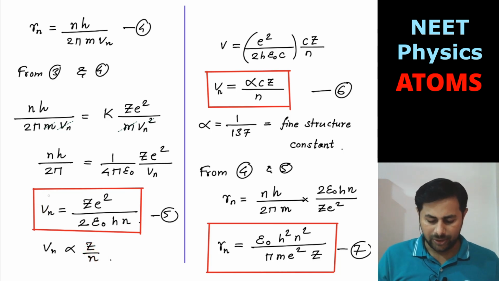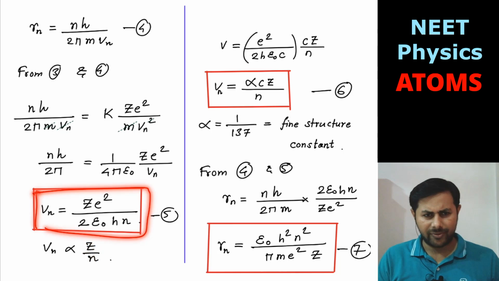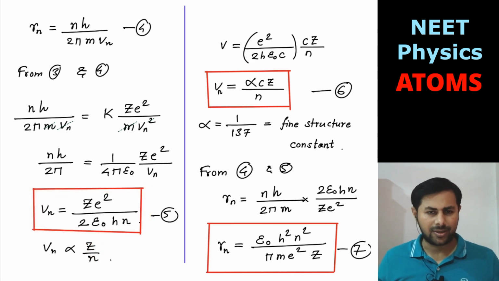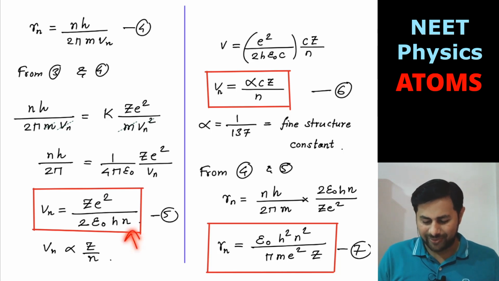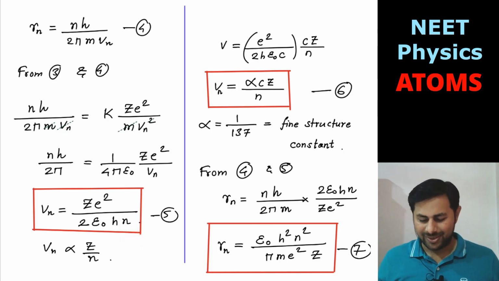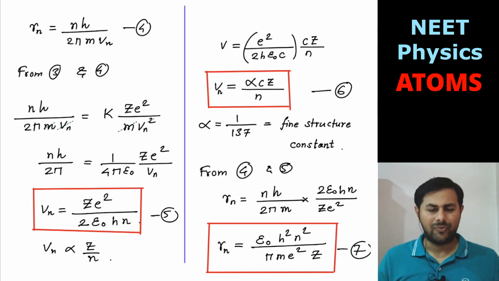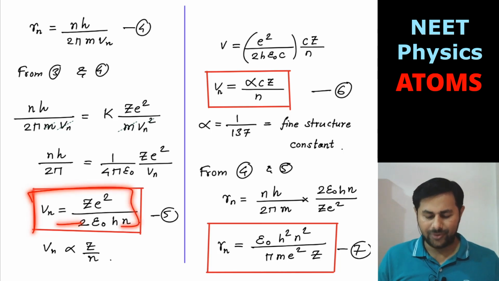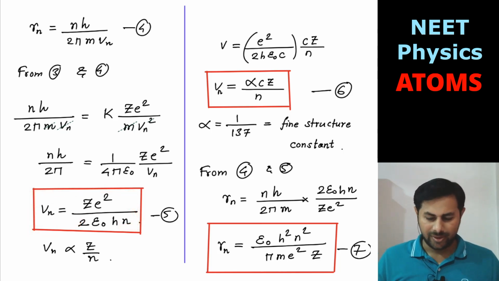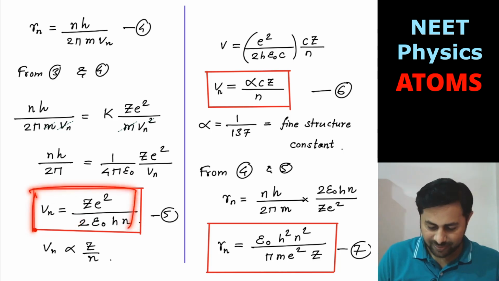Actually this formula will be required very few times, but if they ask what the speed in the nth Bohr orbit is, then different formulas are given, and for that sake you need to remember this one.